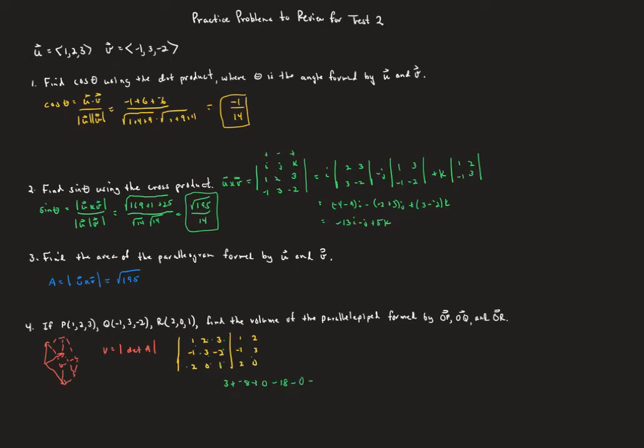And then minus, that looks like negative 1 times 2 is a negative 2. So that looks like, let's see, negative 26 plus 2 is negative 24. Negative 24 plus 3 is a negative 21. And our volume is going to be the absolute value of negative 21. So it's going to be 21. Very nice. Okay.